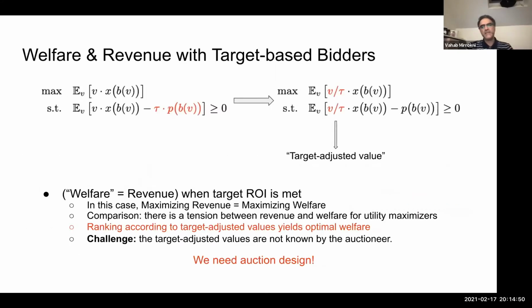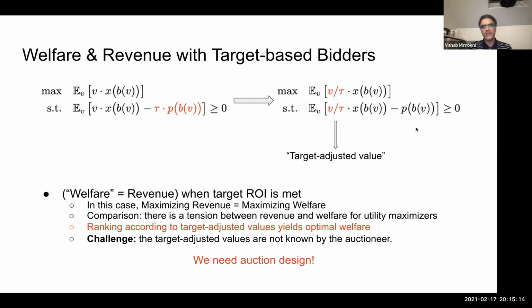To understand the auctions in the auto bidding world, especially in the target-based world with value maximization, we can rewrite the ROI constraint and normalize both the objective and the constraint, like what we see here.